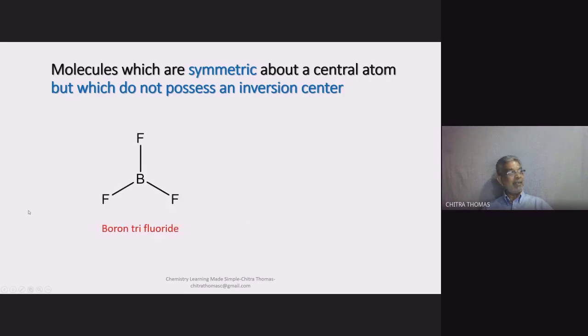What about this? This is symmetric about the boron, but by the definition of the inversion center, for there to be an inversion center, you must have the fluorine atom here. Another example, methane. The molecule is symmetrical about the carbon atom, but it doesn't possess an inversion center.